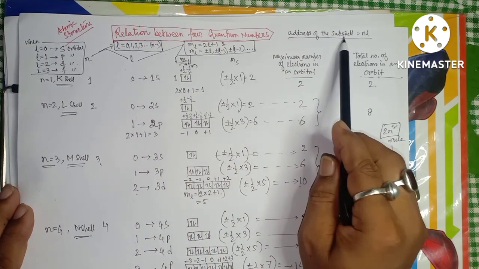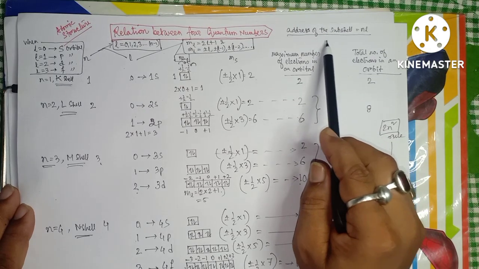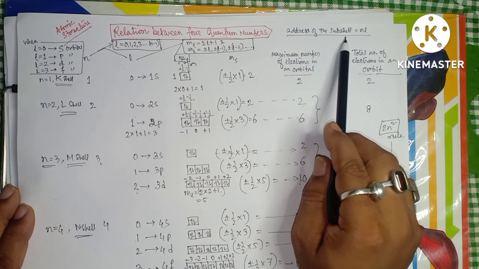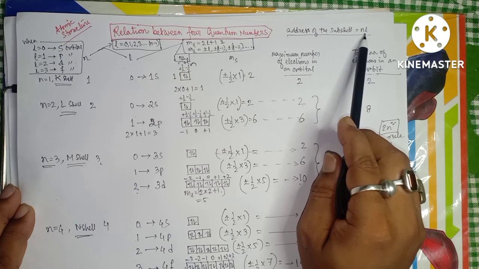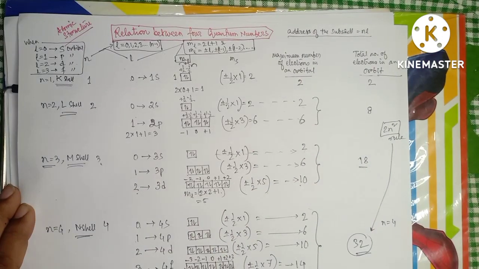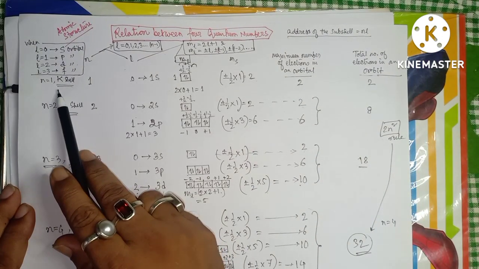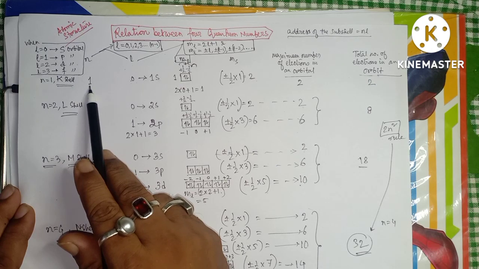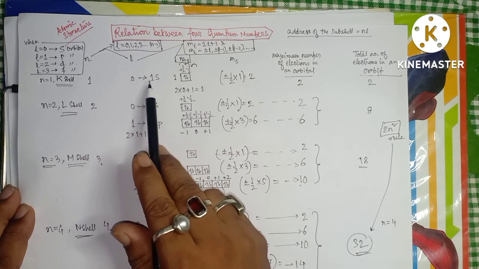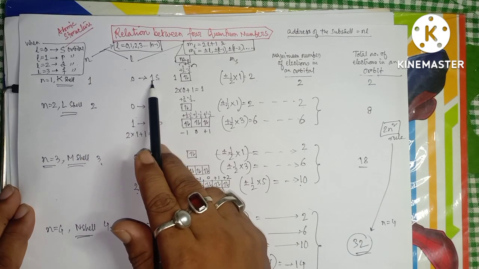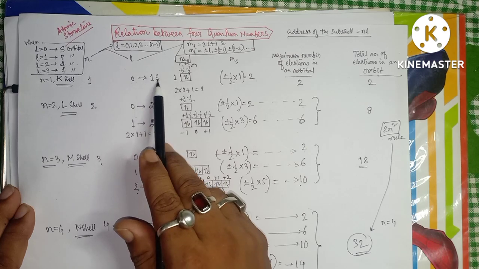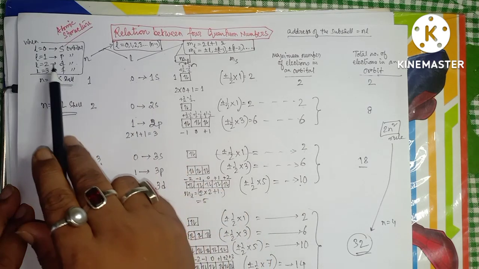And the address of the subshell, here I have written, address of the subshell, that is nl. So for the first orbit, the value of n, that is the principal quantum number, is 1. So 0 represents 1s orbital; 1 represents the n value, and s comes from l.